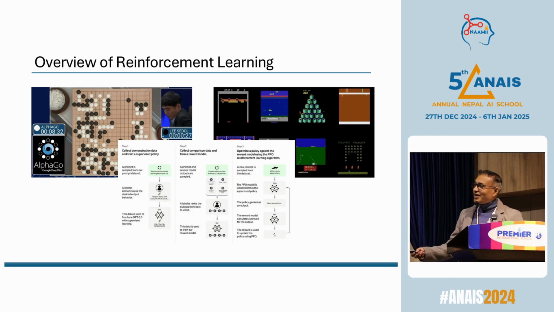So if you look at this one, I think many of you have already seen the documentary, so-called AlphaGo, right? AlphaGo is a reinforcement learning agent. AlphaGo was supposed to compete with this champion from South Korea. His name is Mr. Sidol, I think. Yeah, he is a champion of this game called Go.